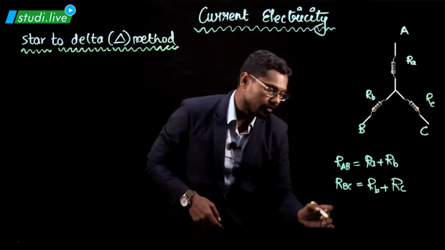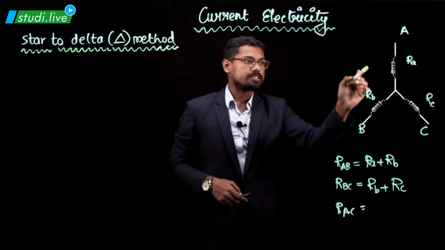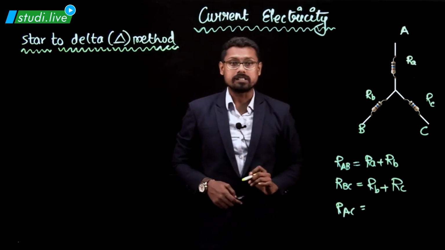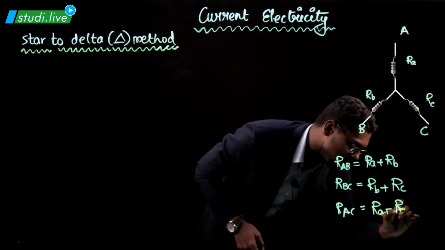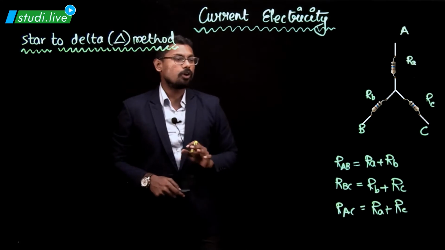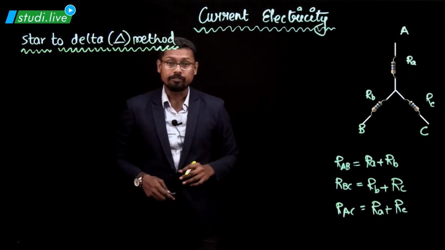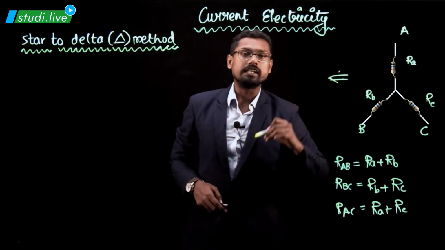Similarly, if I decide to write the resistance across point A and point C, it is equal to RA plus RC. Simple and easy, right? But this is not always possible. We might have to do something, and let me just try and convert this into the delta network.